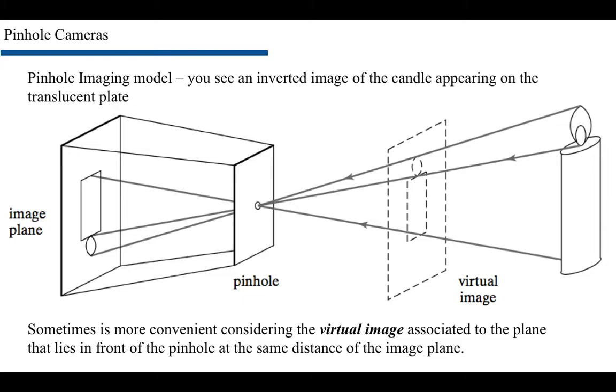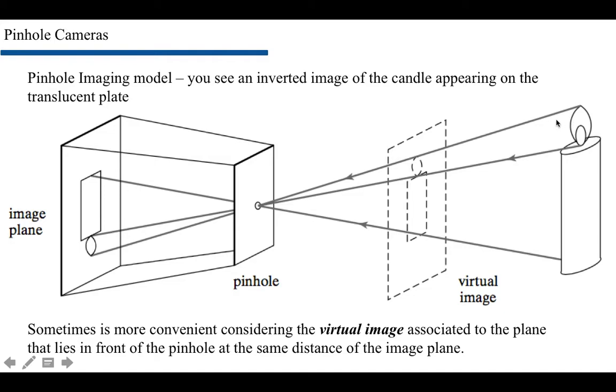What is that? It's a very simplistic model where you consider the camera lens to be like a small pinhole in a dark surface, and the light rays that are being reflected, or in this case, if we have a candle, some light is being emitted, and the light rays go through this small hole and are projected onto the image plane on the surface.